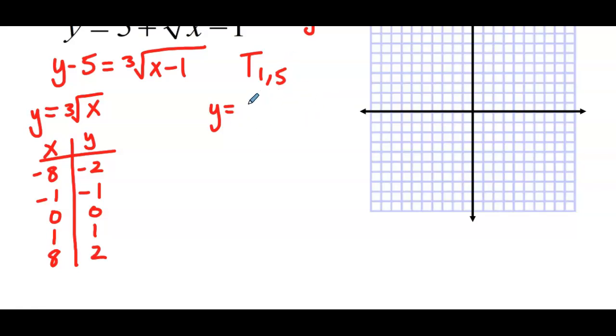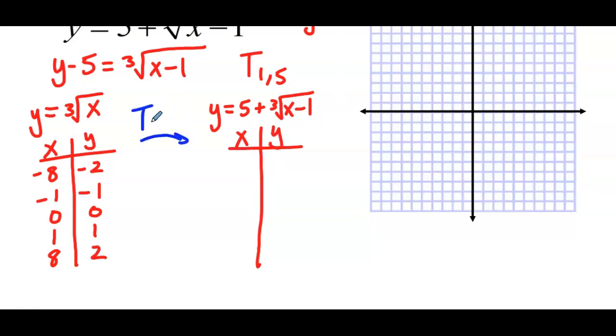They put the 5 first. 5 plus the cube root of x minus 1. We got to figure out what those points are. So we'll apply that translation of 1, 5. So we have -7, 3, 0, 4, 1, 5, 2, 6, and 9, 7.